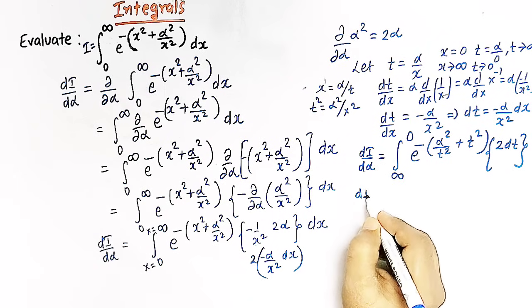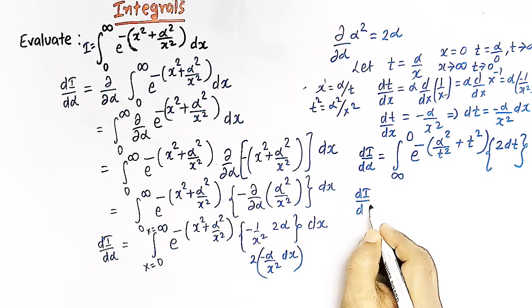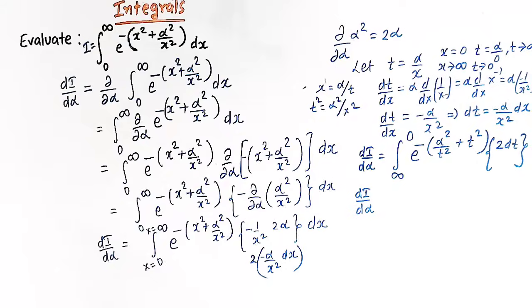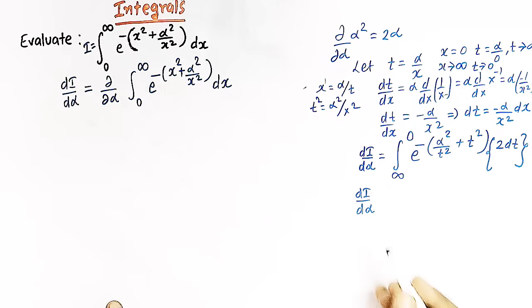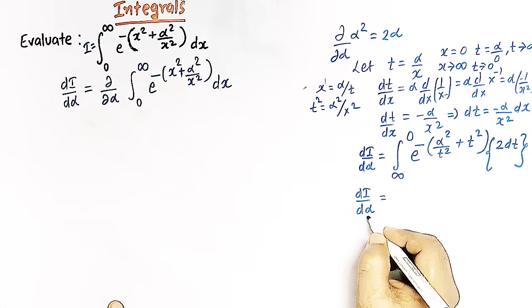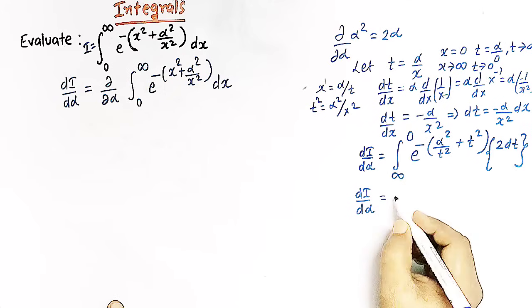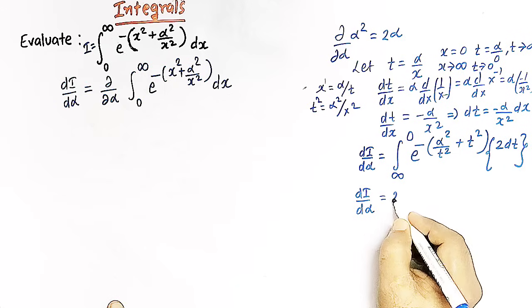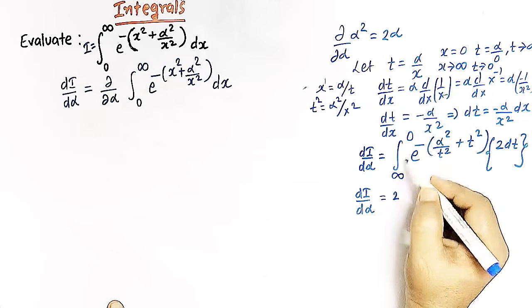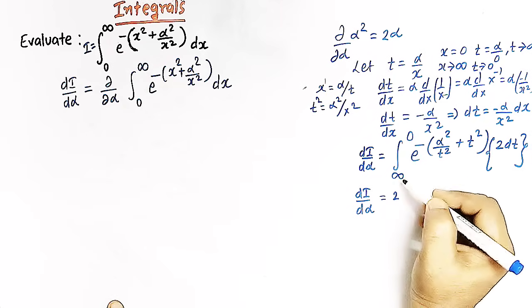So now we have here dI over d alpha. We can take this 2 outside this integral notation. So we have 2 here, and we can interchange the limits.